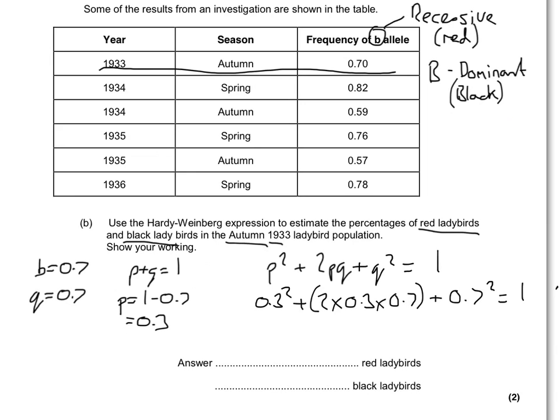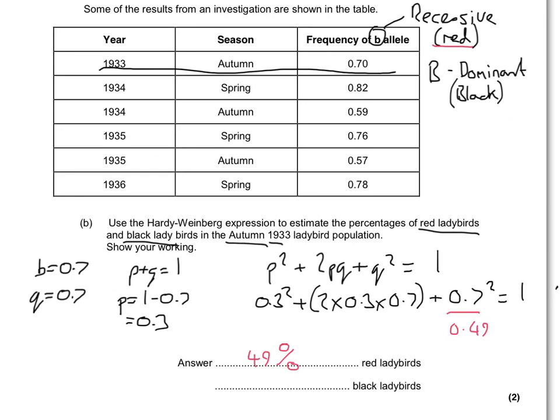P squared is 0.3 squared plus 2 times 0.3 times 0.7 plus 0.7 squared is going to equal 1. Now, in order to answer the question, we need to find the percentage of red ladybirds and the percentage of black. The red ladybirds, as we've already mentioned, are the recessive. That means that red is going to be 0.7 squared, which is going to be 0.49. That's going to be 49% red ladybirds.